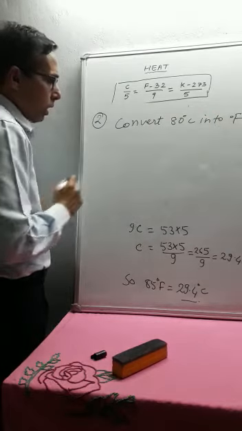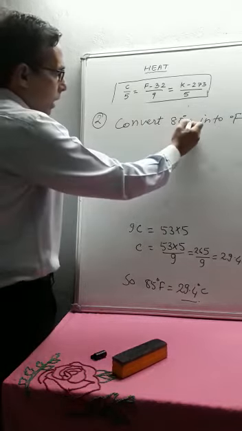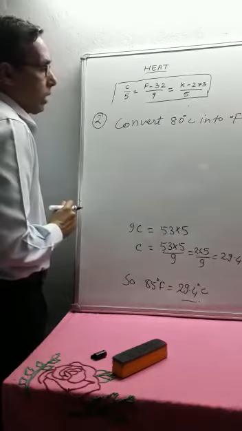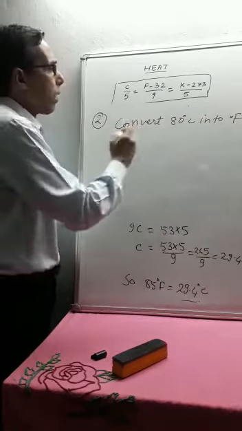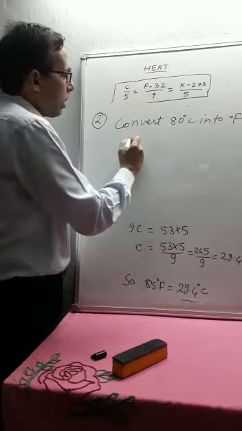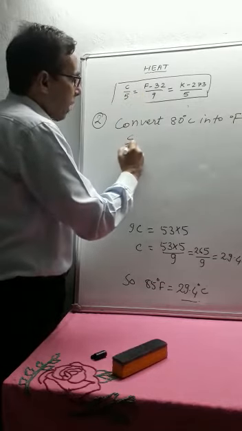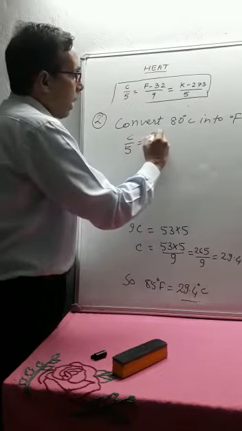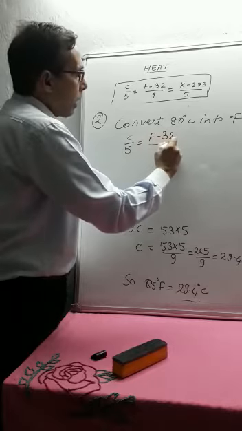This is the question: 80 degree Celsius into degree Fahrenheit. How do you convert it? Again you see this formula: C/5 is equal to (F - 32)/9.